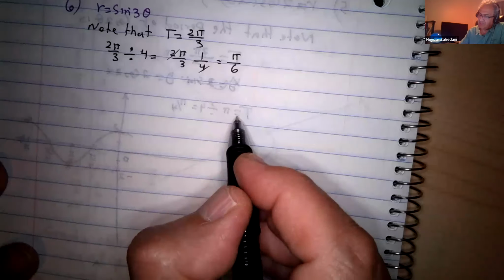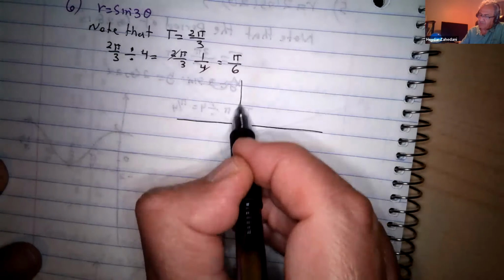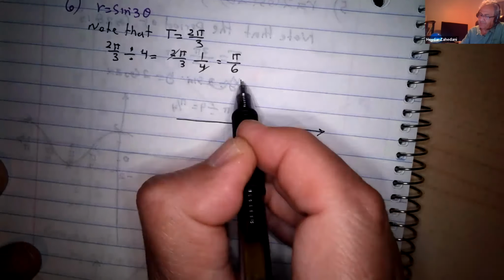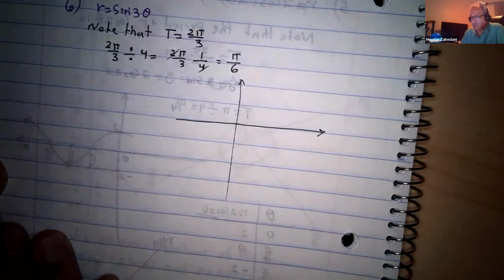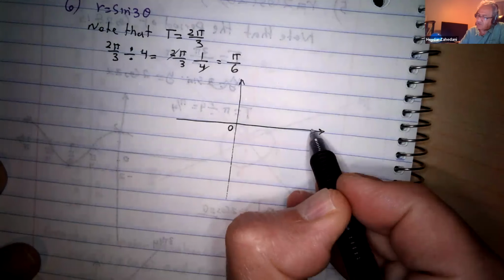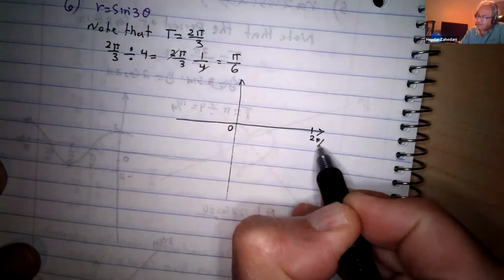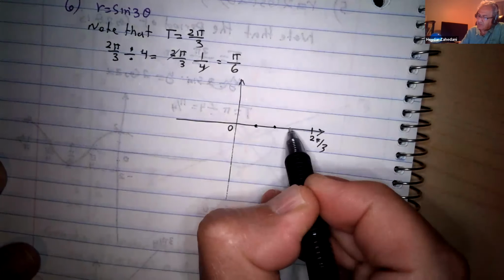If you want to graph it in the trig functions, you have the period of 2 pi over 3, which is 120 degrees. So this is going to be the 0, and this is going to be 2 pi over 3. We divide it into 4 parts again. It's the way we do pre-calculus.